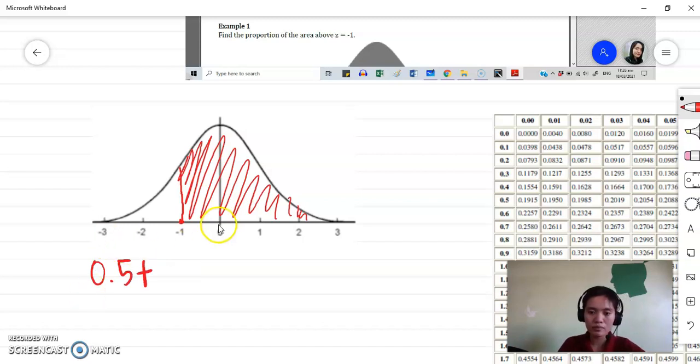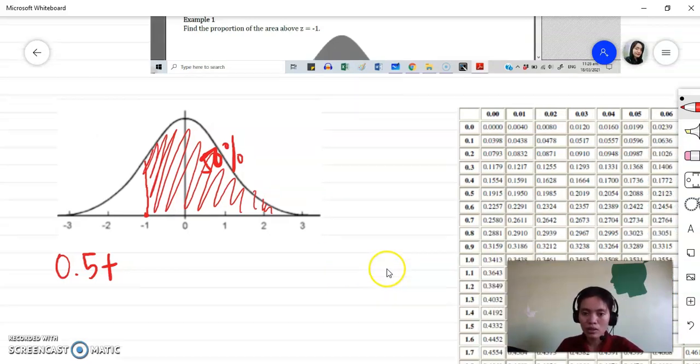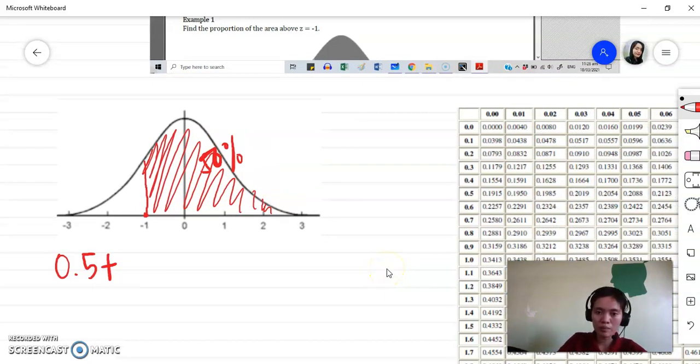and the area from 0 to negative 1. Because it's 0.50, to get the total you add from here to here and from here to negative 1. So look at your table. You're going to look for z equals negative 1, so you write that in 3-digit form first. In your previous video, if you have a whole number, there are zeros on the right side.